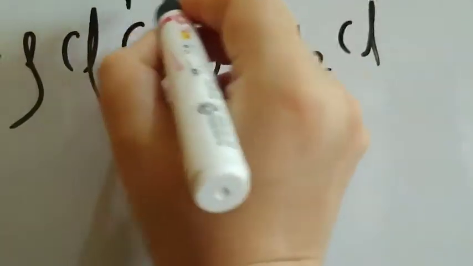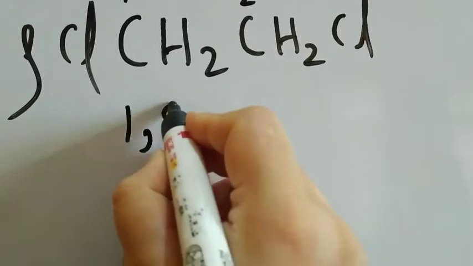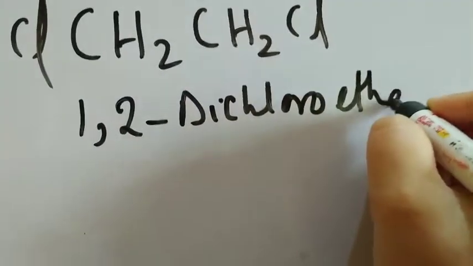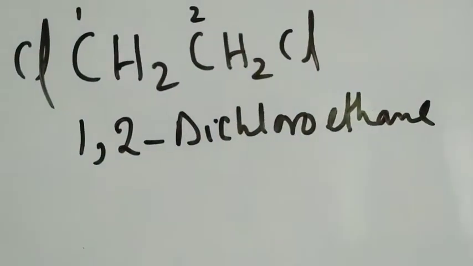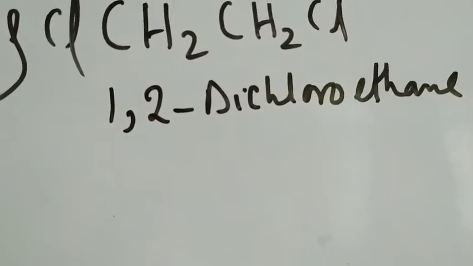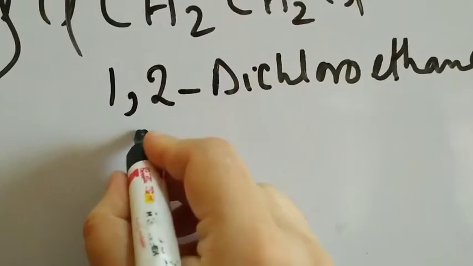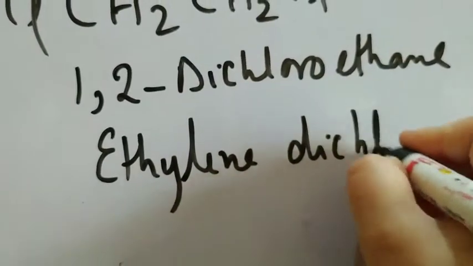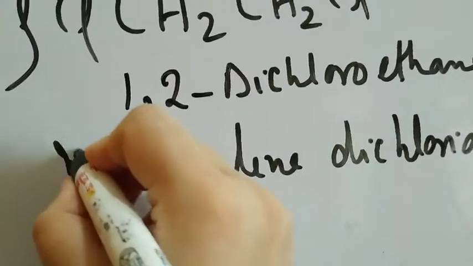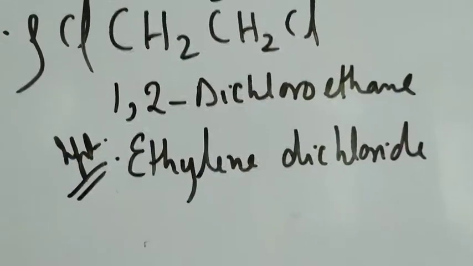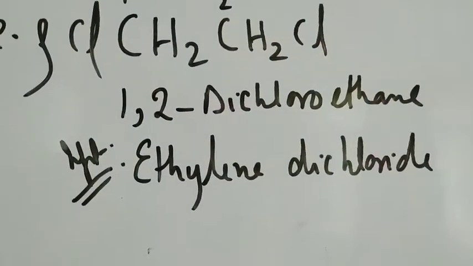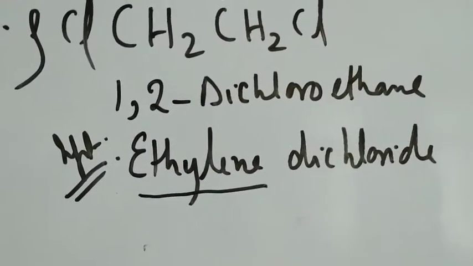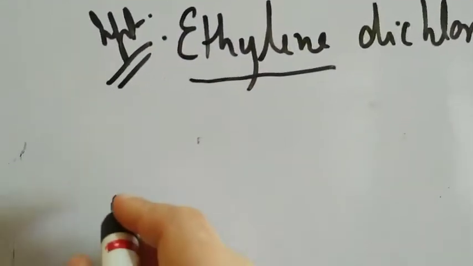If we speak of the IUPAC name, it is very simple: 1,2-dichloroethane. But what is important here is the common name. It's an alkylene dihalide, therefore it is ethylene dichloride. To know that it's a dichloride is not enough. You should be able to write down this ethylene dichloride. They are on adjacent carbon atoms.